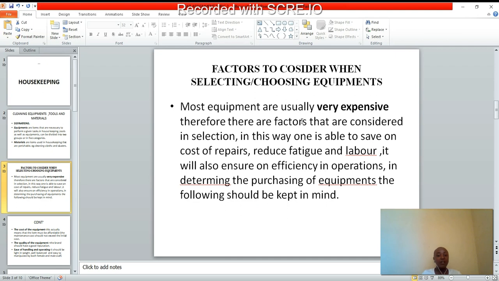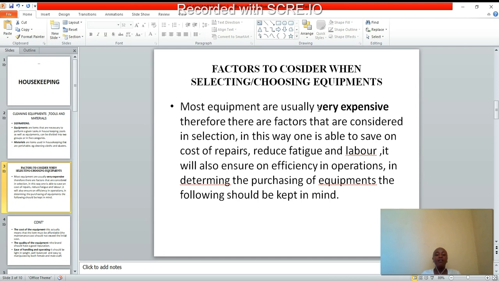Most equipment is usually very expensive, and therefore there are some factors that are considered in selection. In this way, one is able to save on cost of repairs, reduce fatigue and labor. It will also ensure efficiency in operations.